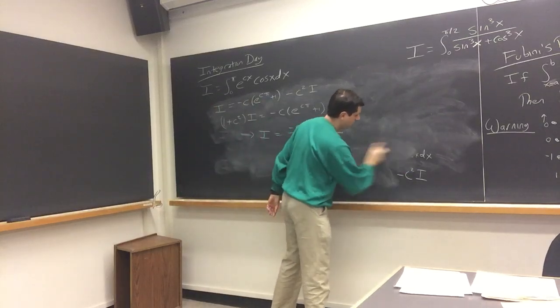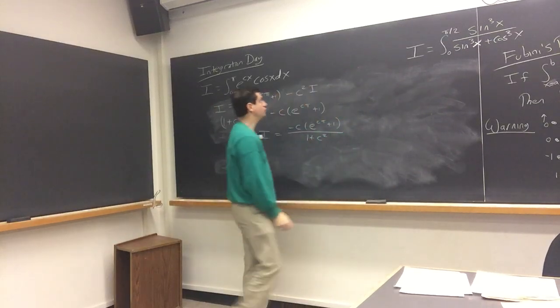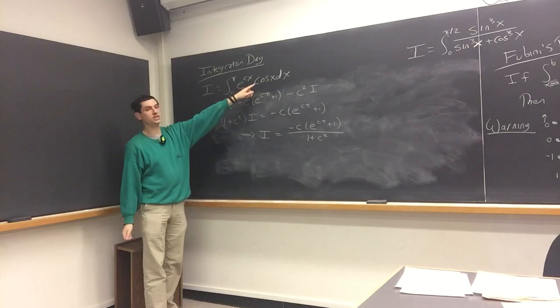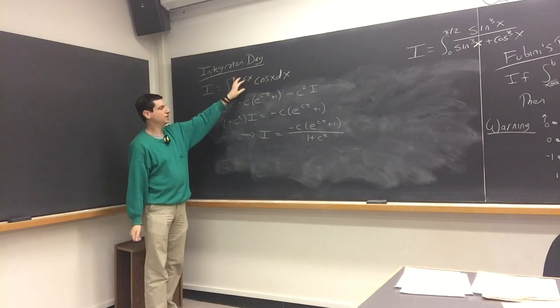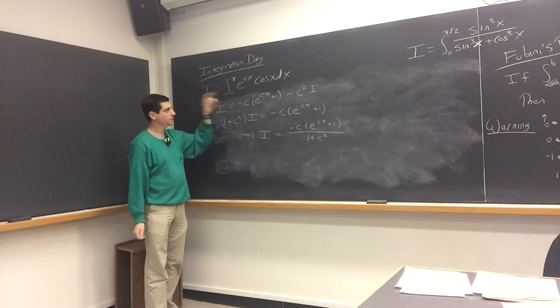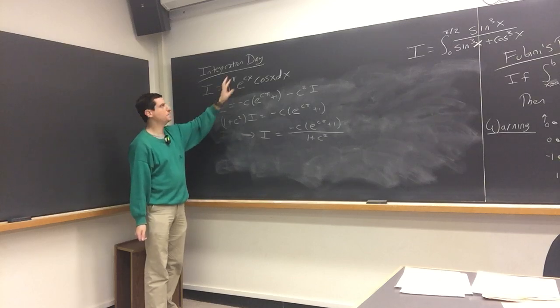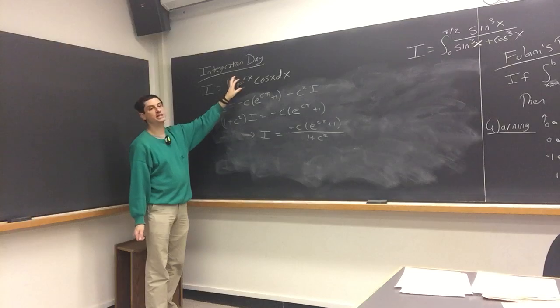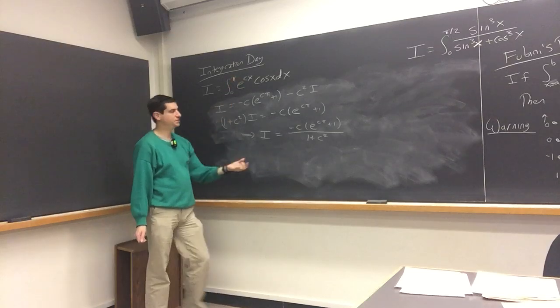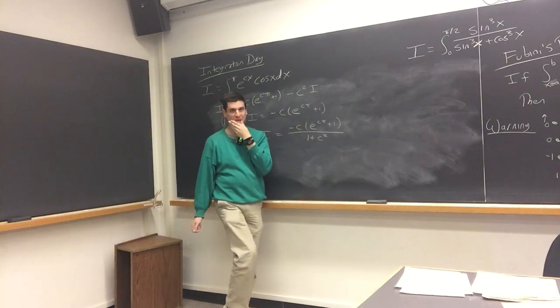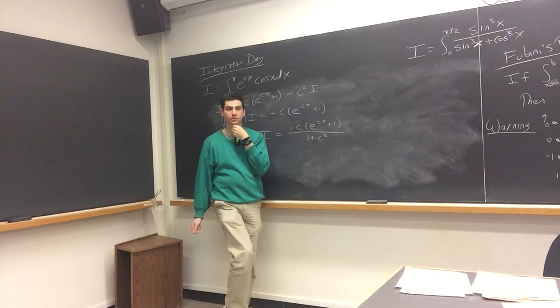So, right, one thing is, let's look at extremes. Cosine is between minus 1 and 1. So the largest this could be would be e to the c pi. And then it's got an interval of length pi. So the maximum this could be would be like pi e to the c pi. And this is going to be less than that, at least in absolute value.